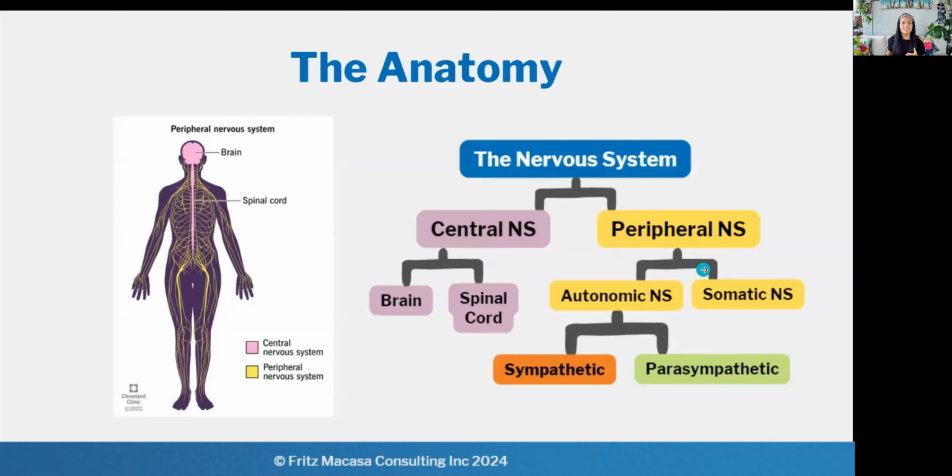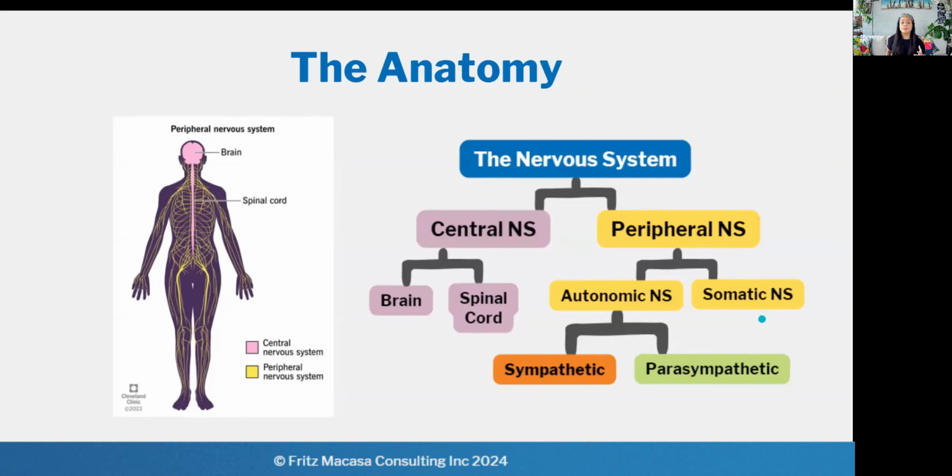And we really want to take advantage of the peripheral nervous system, as it contains two very important parts. So the first one is the somatic nervous system. This part of the nervous system is something that we have some conscious control over. A lot of it is still unconscious, but we definitely have control with regards to the things that we can do here.